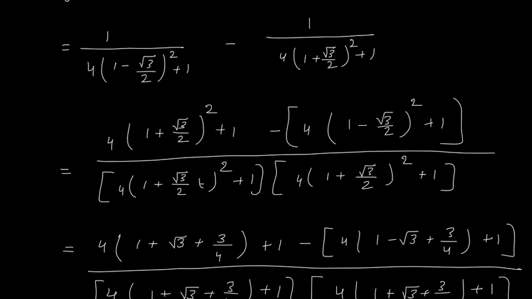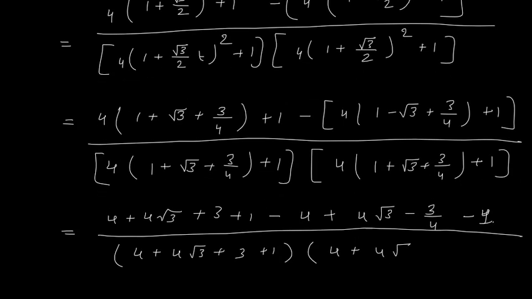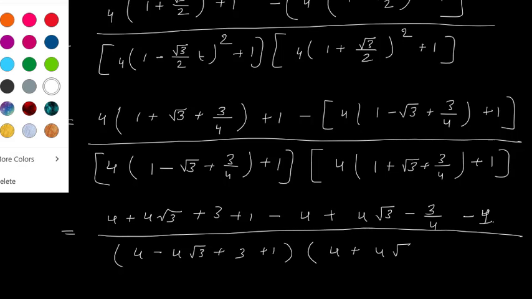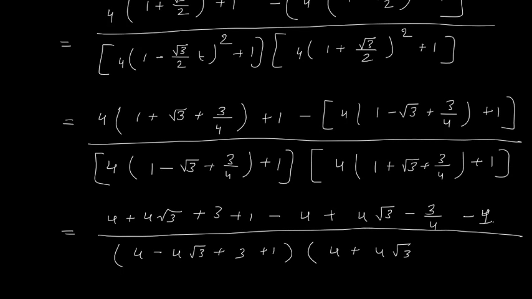So in one bracket we keep the minus sign and in one bracket we keep the plus sign. Here it is minus, here it will be minus, here it will be minus. Now here it is plus sign, so 4 plus 4 root 3 plus, in the denominator we are multiplying, plus here we have 3 and plus we have 1.